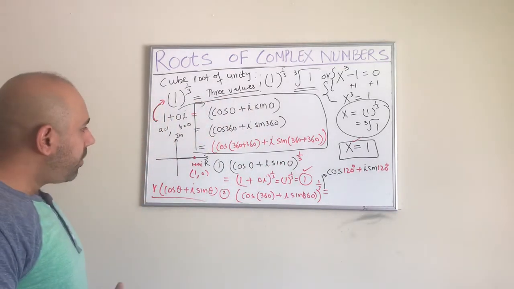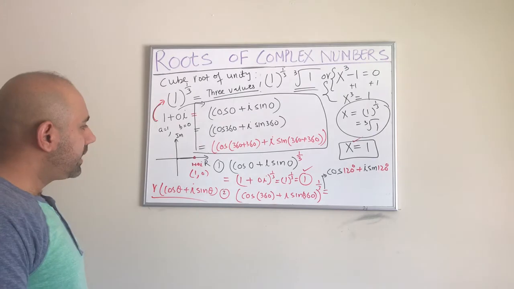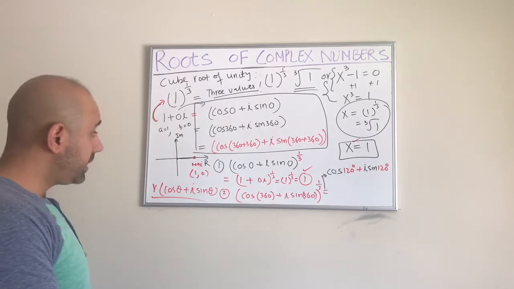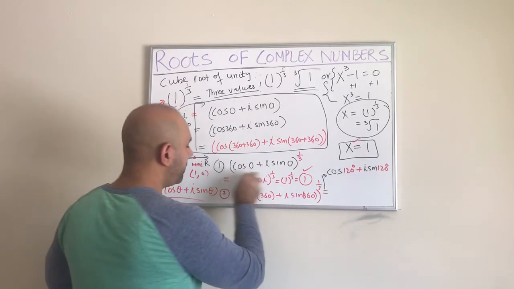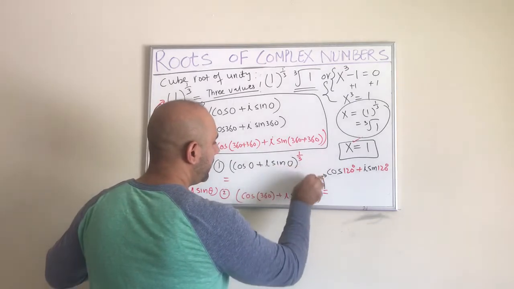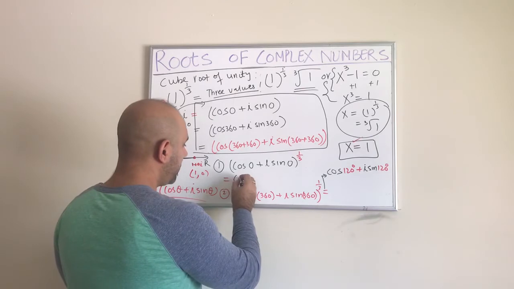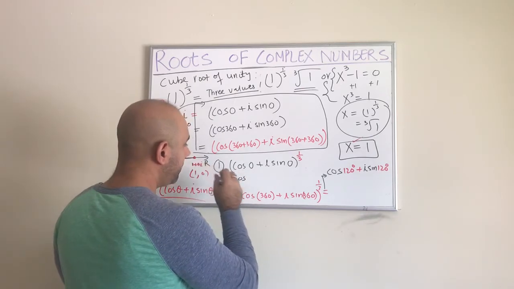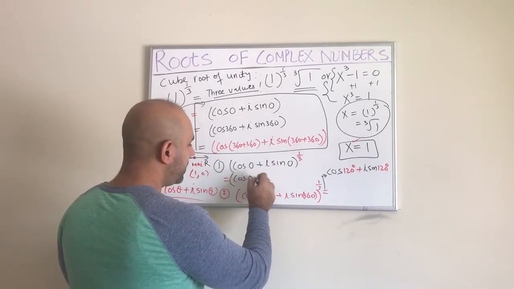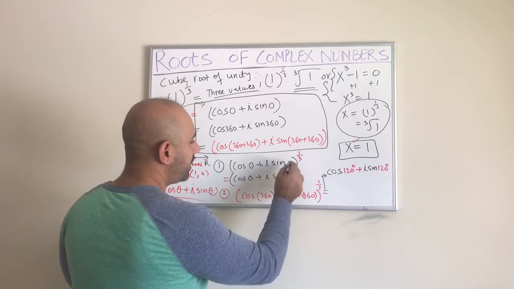So guys, I want to go back because I want to be consistent with using the same method. So guys, let me go back to this step right here. Guys, in this step, I would first actually just want to use the de Moivre's theorem. Using the de Moivre's theorem, 0 times 1/3 is still 0, and sine of 0 times 1/3 is still 0.